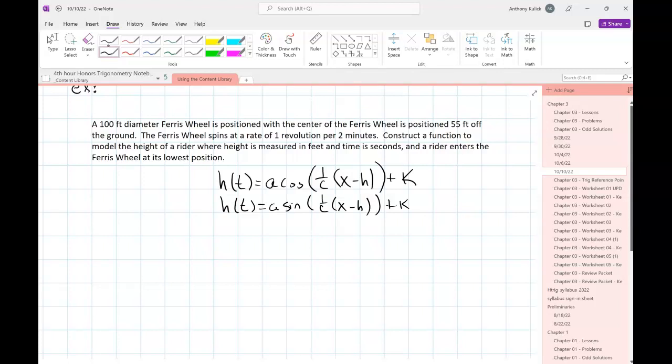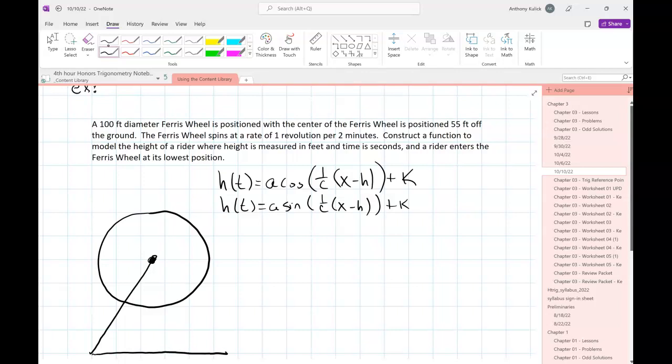So just to give you a visual of what's going on, let's say this is our Ferris wheel. That's not a bad circle, Mr. Kulik. So it's on the ground or whatever. So this is going to be some kind of t comma h of t.